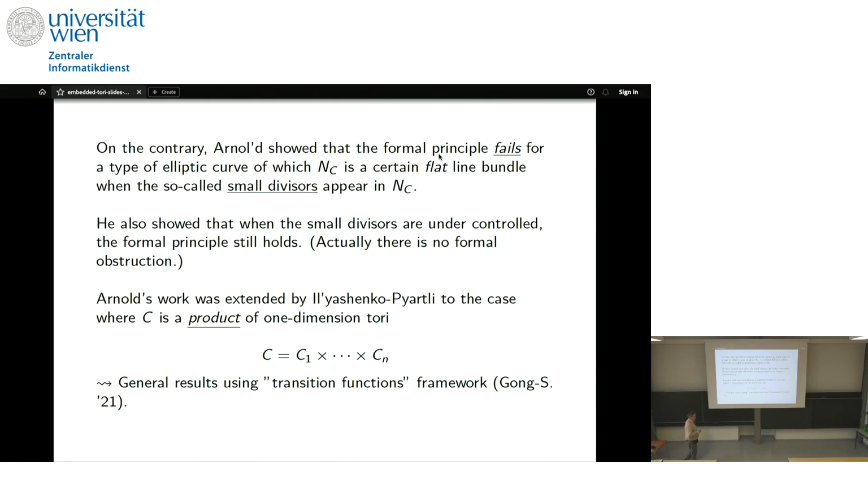Well, the geometers thought that as soon as you have a formal equivalence, then you have a convergent one, as in Grauert's situation. And then another person, Vladimir Arnold, came and said, okay, there are some problems. He constructed an elliptic curve, that is a torus of dimension 1, embedded into a complex surface.